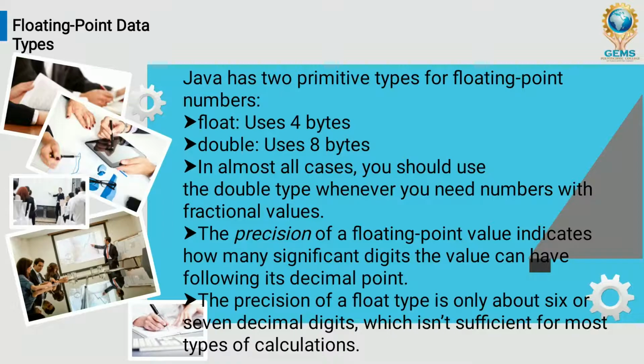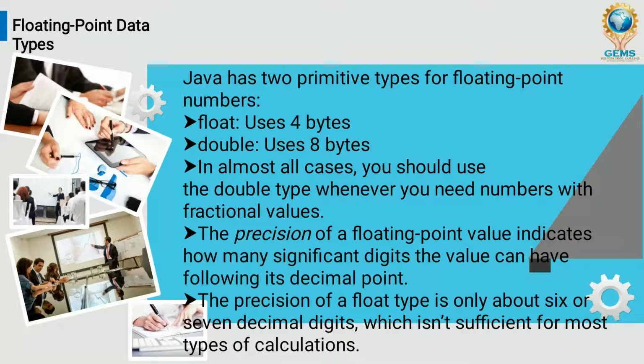When you want to store this type of values, we can't store them in integer types, those are byte, short, int, long. You are unable to store these values there.